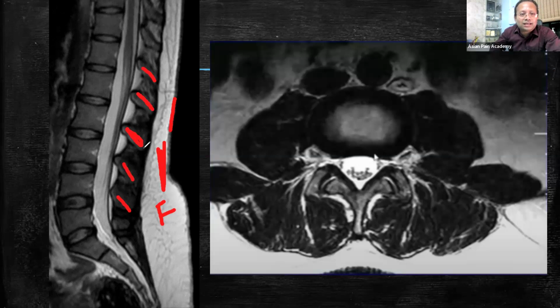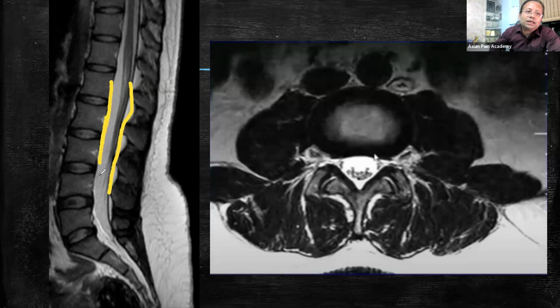You will see the interspinous ligament. This is the supraspinous ligament, and this part is the interspinous ligament. So, a clear drawing. Now, what is this in-between area?